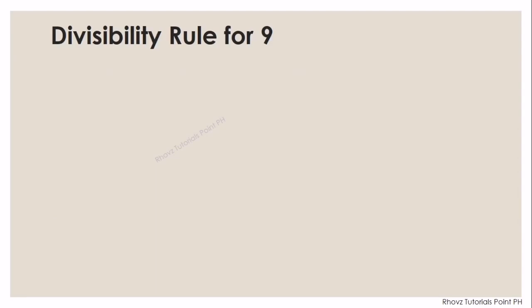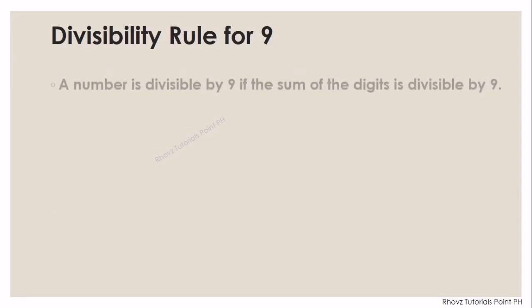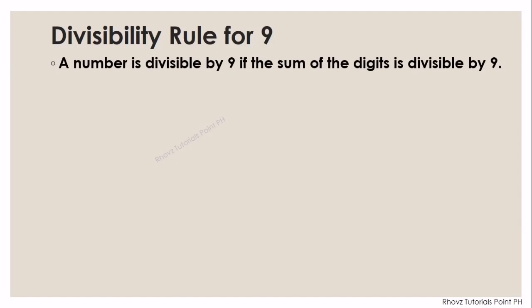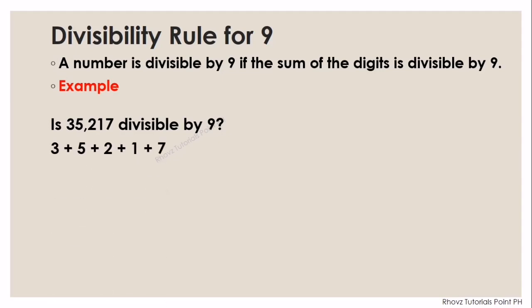Another is the divisibility rule for 9. A number is divisible by 9 if the sum of the digits is divisible by 9. So, pag-aadd ulit natin yung mga numbers. Okay? For example, 35,217. So, let's add 3 plus 5 plus 2 plus 1 plus 7.